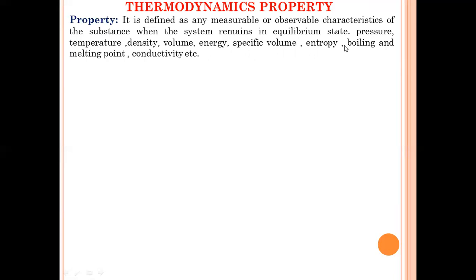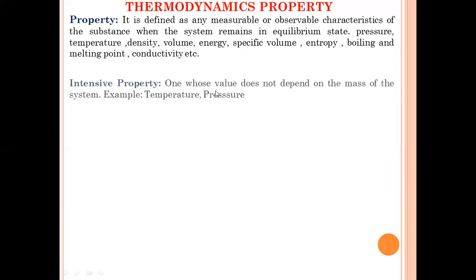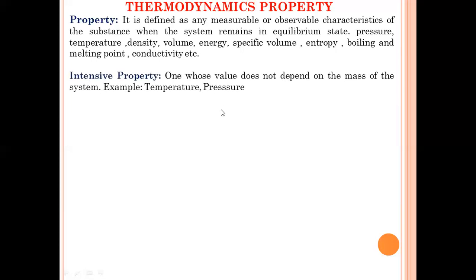The properties are like pressure, temperature, density, volume, energy, melting point, boiling point, conductivity, etc. All these properties can be classified into different categories: intensive property and extensive property.